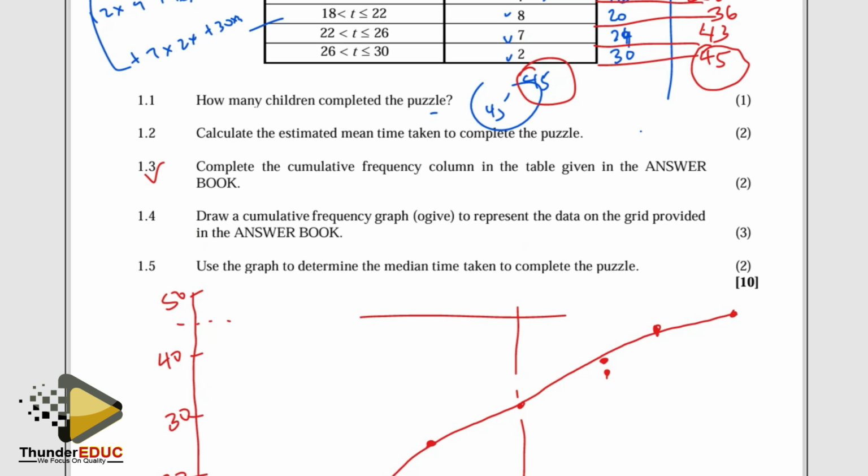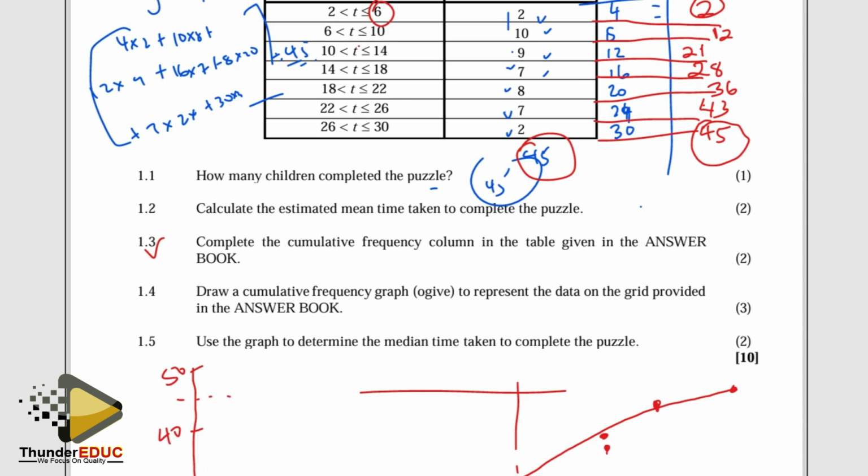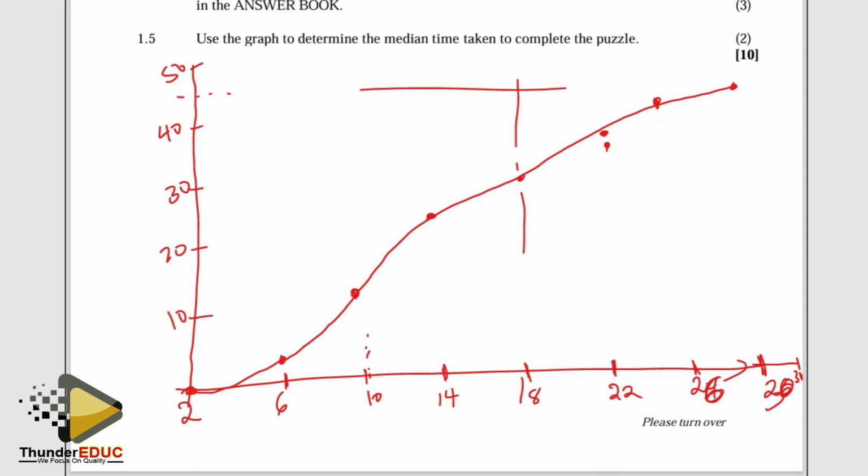And then how do you determine the median? Remember, median is half. So what is a half of n plus 1? So 45 is the frequency. A half of 46 is 23. Then look for 23 somewhere.